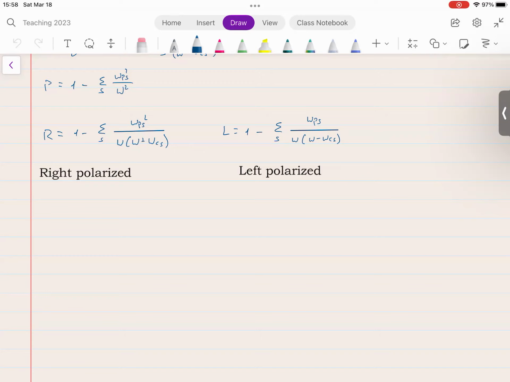Okay, now we're going to work, as I said, in terms of the index of refraction. And what we want to do is, sorry, take our dispersion relation. Remember, this is a homogeneous case.